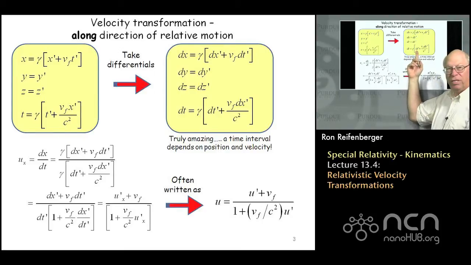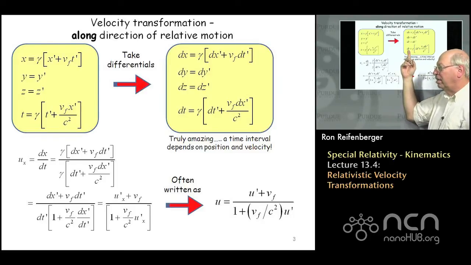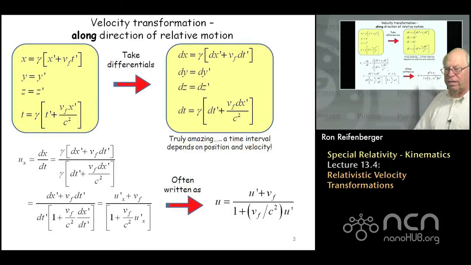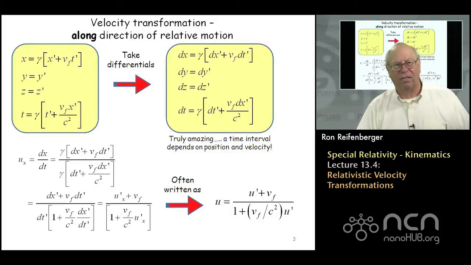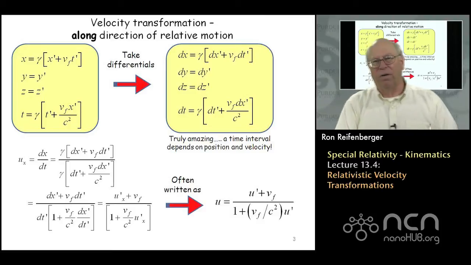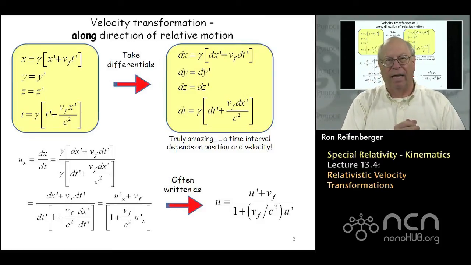If you measure a time interval delta t prime in the primed reference frame, the equivalent time interval in the unprimed reference frame depends on the coordinate where delta t prime is measured, and it also depends on the velocity at which S prime is moving with respect to S. So remarkably, this equation tells you that a time interval depends on position and velocity, especially when you're moving at speeds close to that of light.